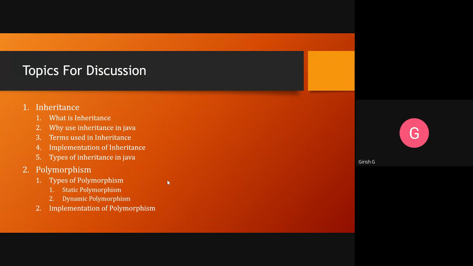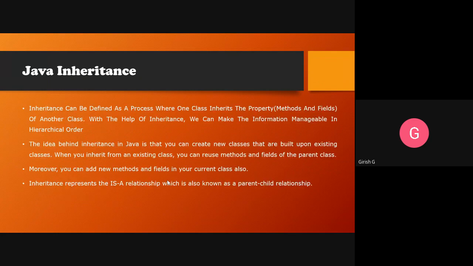Now let's start with inheritance. As I told you, inheritance is a mechanism or a process that is used to get the properties or attributes from another class, or from a parent class.